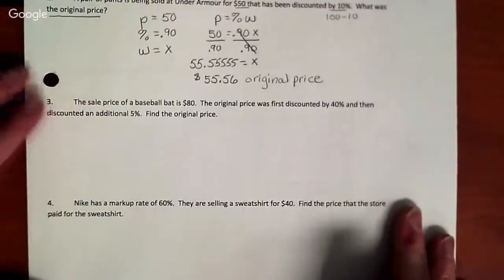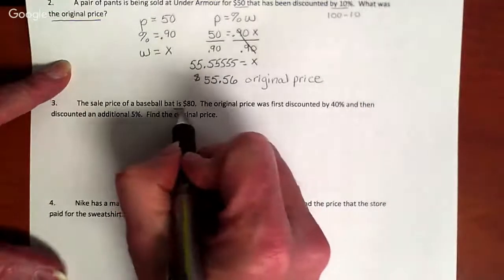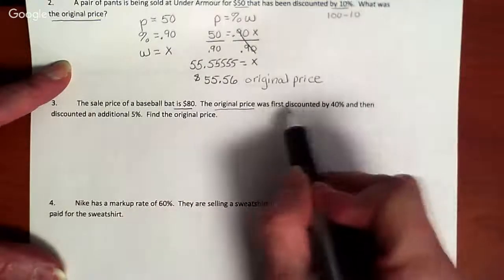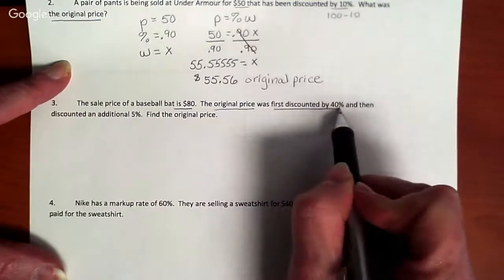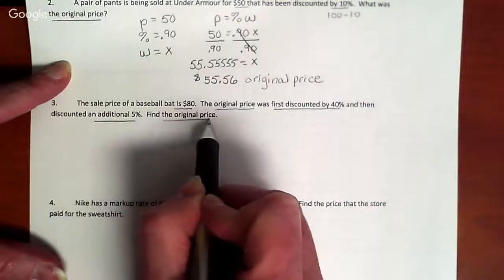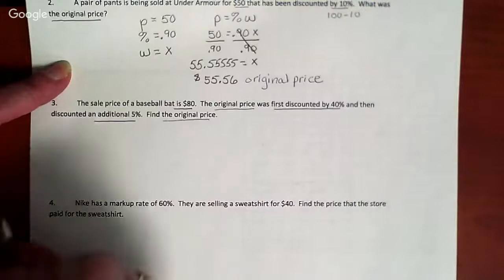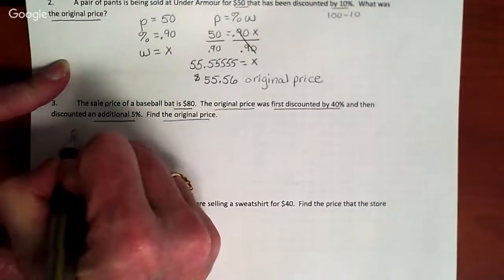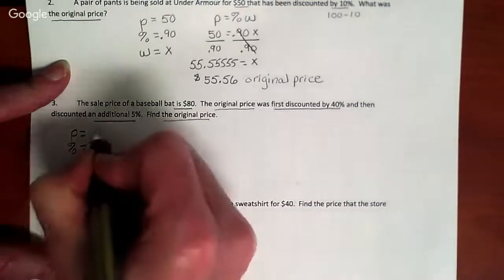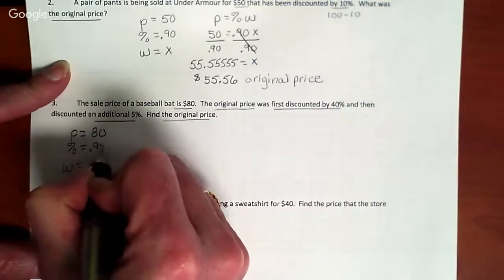Next, we have the sale price of a baseball bat is $80. The original price was first discounted by 40% and then an additional 5%. Find the original price. Well, this goes back to the original one that we did earlier. So we've got to do P, percent, W. So we have $80 here, 0.95 for our percent.